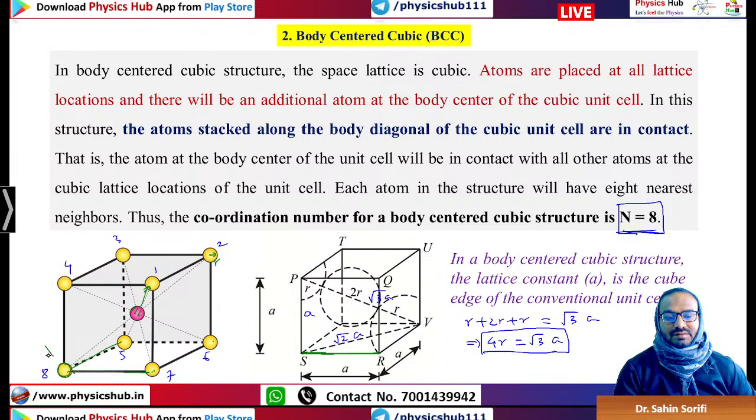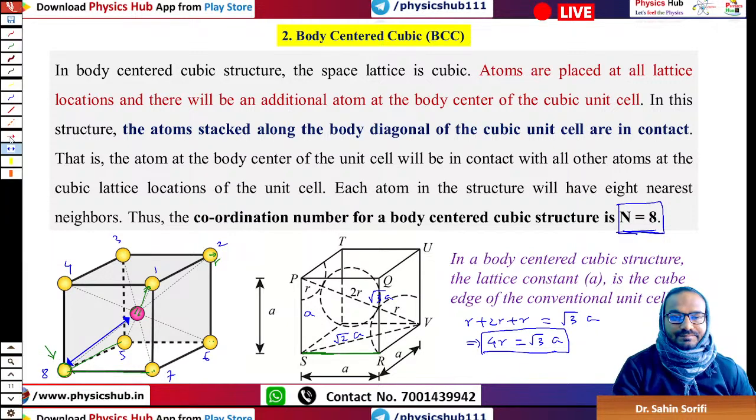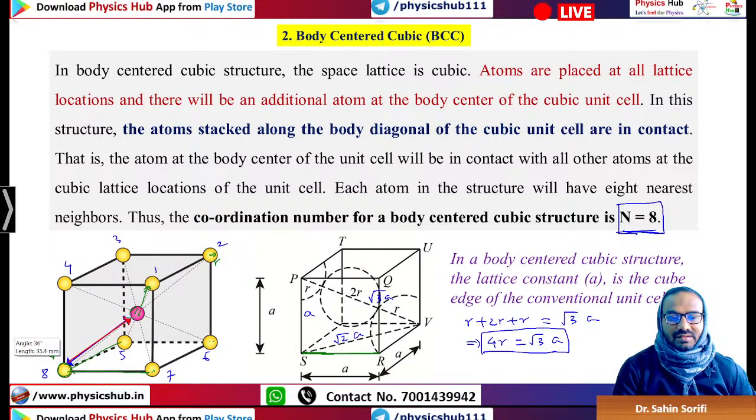If you consider this, third nearest neighbor will be this. Look, I am just showing you one case. If you consider, let's say this 8th atom, first nearest neighbor will be this body centered. Second nearest neighbor will be atoms like this or this. Third nearest neighbor will be like this.